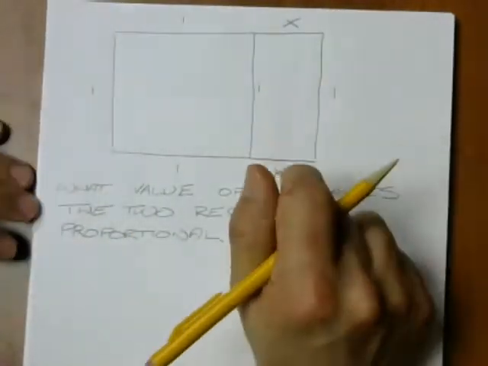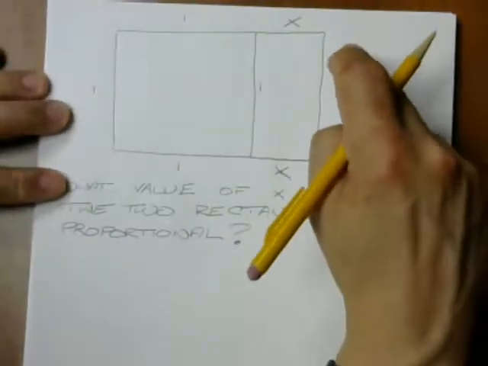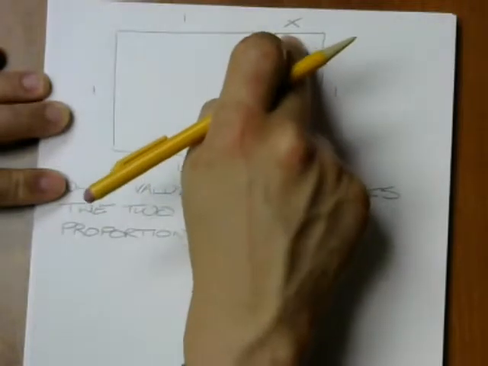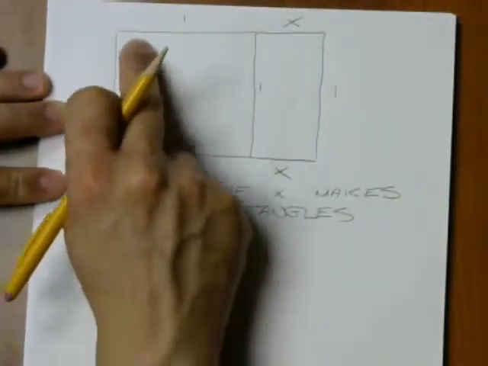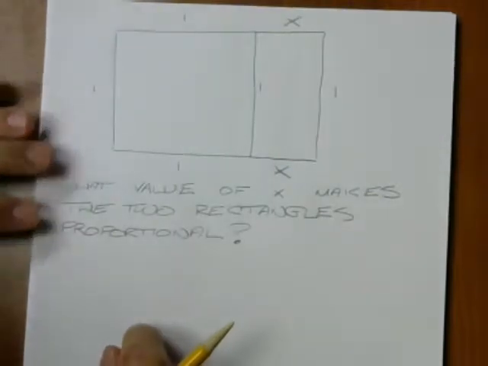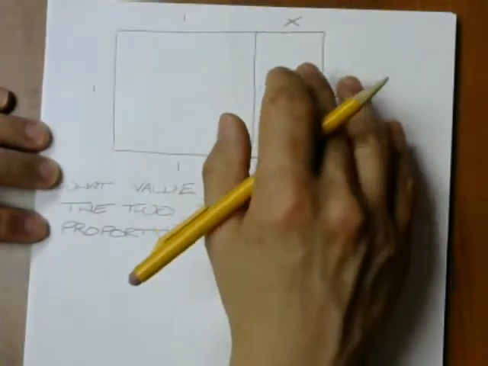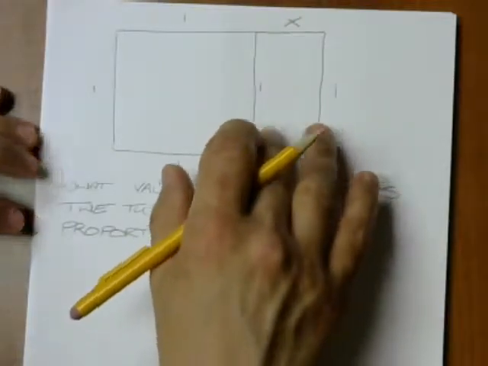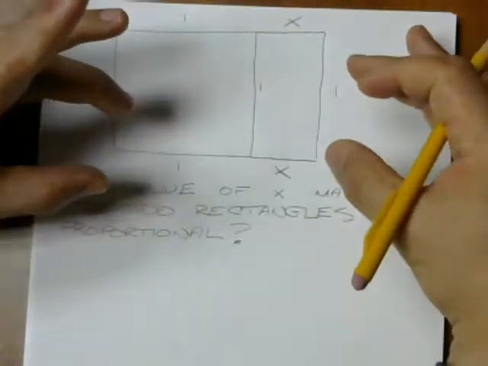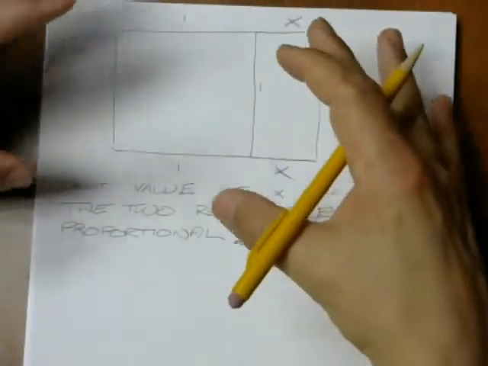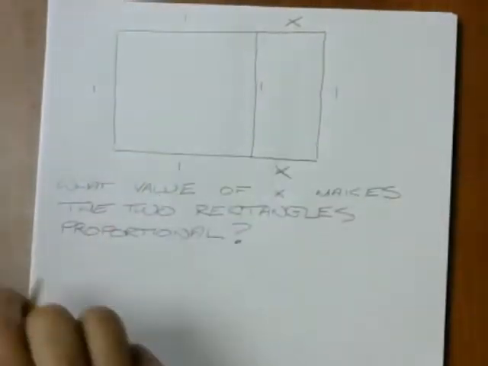But what I want is the ratios of the length to the width. So I want this length over this width to equal this long length over this width. I need to know what value of x would have the property that if I took this rectangle, turned it on its side, and blew it up perfectly, just magnifying it, not changing the ratio, it would fit perfectly there.